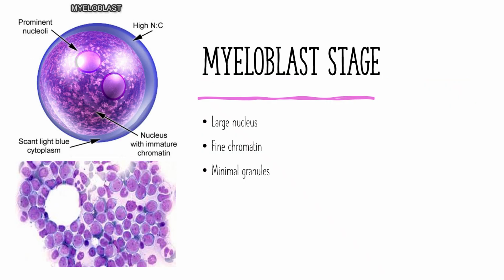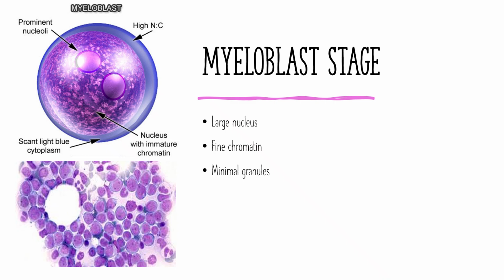Now we begin the granulocytic maturation sequence with the myeloblast, the earliest recognizable precursor in the myeloid lineage. The myeloblast is essentially a blueprint cell. Its primary job is proliferation and differentiation rather than function. Because of this, most of the cell's volume is devoted to the nucleus.